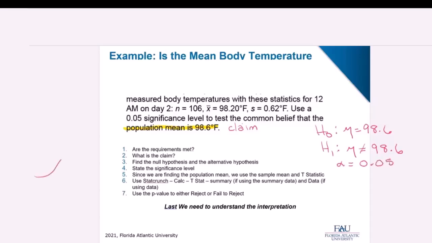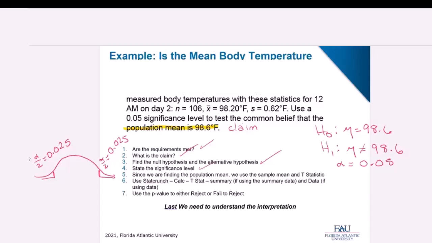If I was going to look at this on a graph, since it's a two-tailed test, half of this, alpha over 2, is in one side, which is 0.025. And also, the other half is in here, alpha over 2 is equal to 0.025.